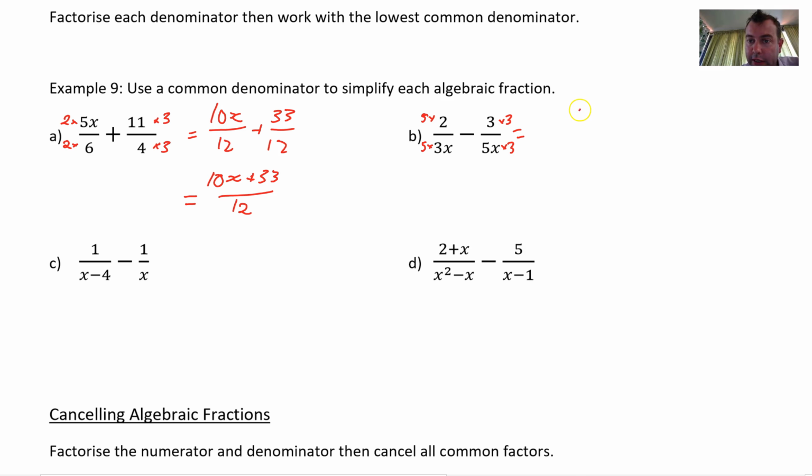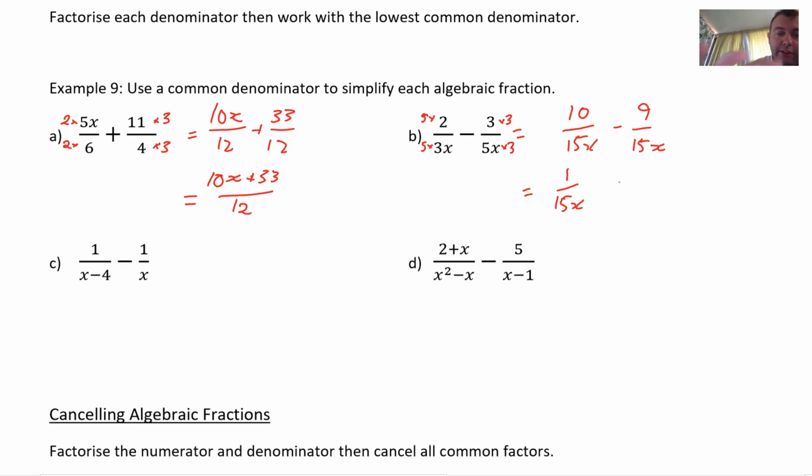So that's going to give us 6 over 15x minus 9 over 15x. Doesn't give us 6, gives us 10. I'm thinking 5 2's are 10. Okay, 10 over 15x minus 9 over 15x, which equals 1 over 15x. So you do these.